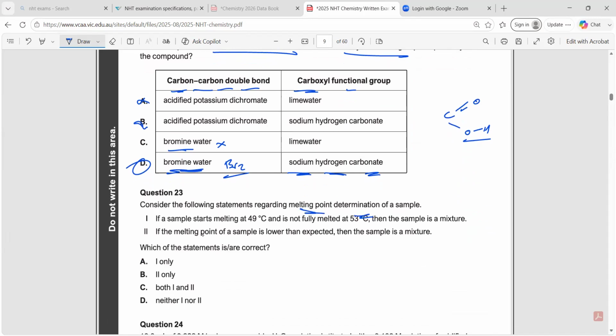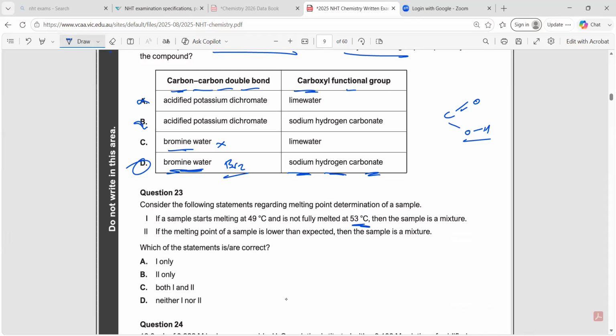Melting point determination of a sample. If a sample starts melting at 49 but is not melted, then the sample is a mixture. Not necessarily. It could still be a pure compound, because the melting point is when it's fully melted.